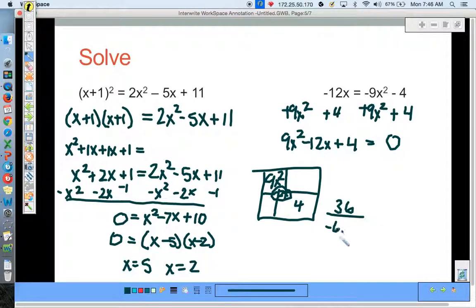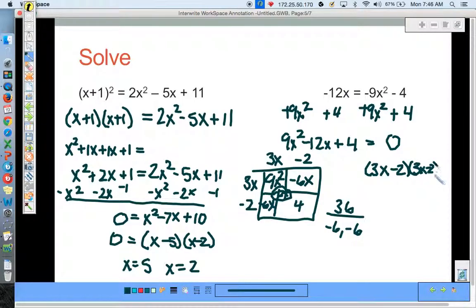Well, I know that's going to be negative 6 and negative 6 to give us that negative 12, so negative 6x. And let's see, the GCF of this top row is 3x, so 3x and 3x minus 2, minus 2. So we have 3x minus 2, 3x minus 2 equals 0. So x is 2/3.